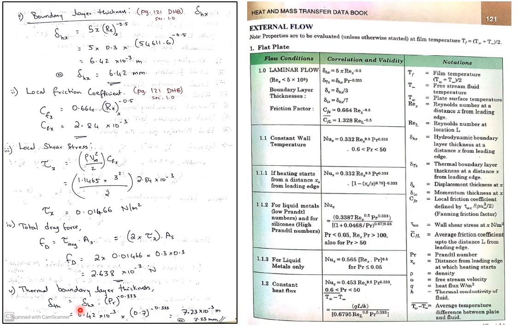Next, thermal boundary layer thickness, delta T is nothing but delta x into Prandtl number whole to the power of minus 0.33. You can see here delta Tx, which is thermal.